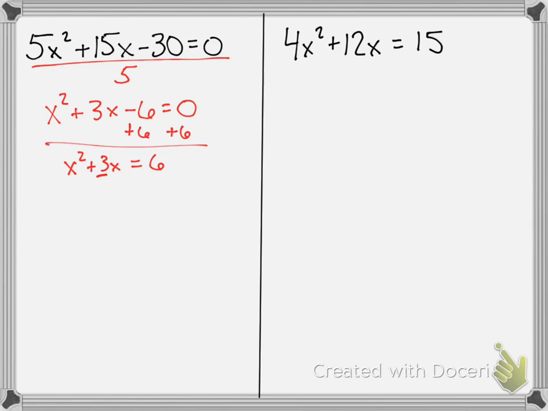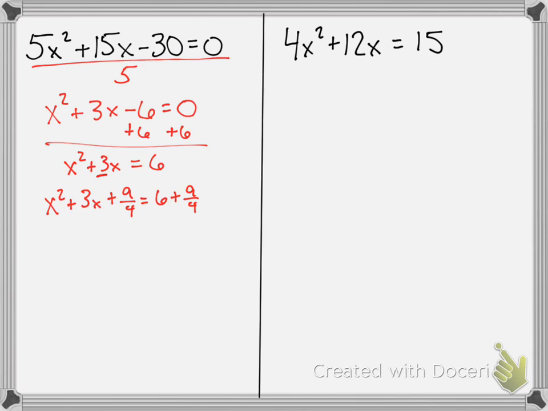If I take 3 halves and square it, you take the numerator and denominator, square both numbers. 3 halves squared is the same thing as 9 fourths, or 2.25. This is what I'm going to have on both sides. I'm going to go ahead and put 9 fourths on each side. So this isn't going to be the cleanest looking problem, but it's how we're going to have to work this through. So we're going to go ahead and keep solving from here.